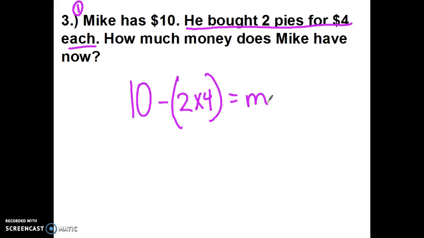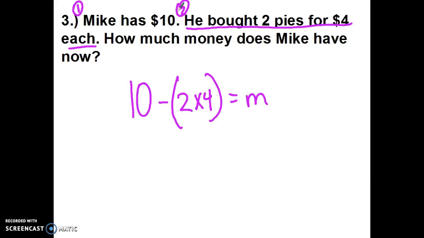And again, real quick, our label is never monies. Sometimes we put monies. It's always cents, pounds, dollars, whatever the label is asking for, but we never put monies as our label. Okay? So we have 10 minus 2 times 4 equals m. So this was the second part of the equation that I had to put in.